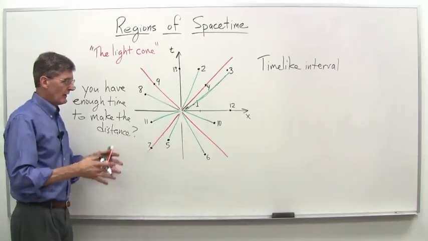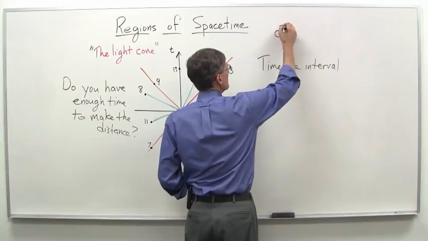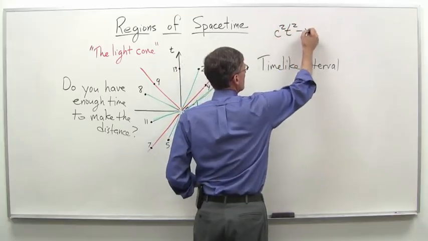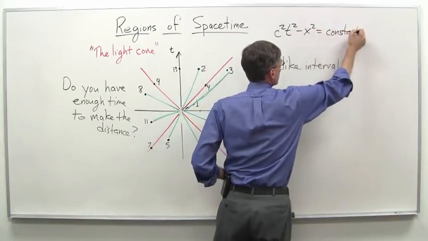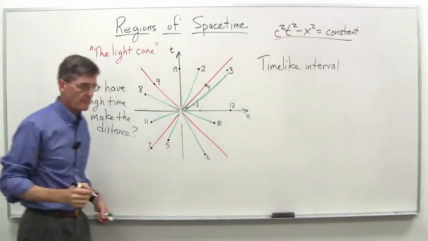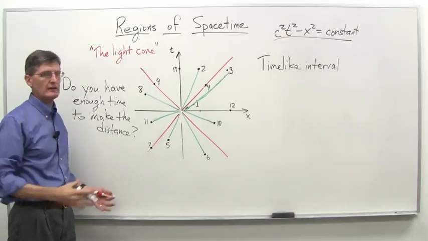Okay, and I'll write, remember our invariant interval equation? c squared t squared minus x squared equals a constant. And it turns out we're not going to try to prove this rigorously or anything. We're just going to state it.